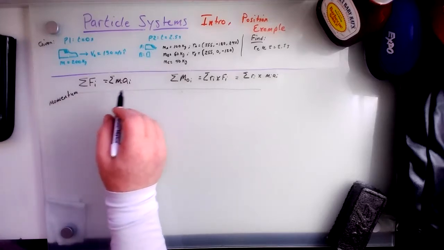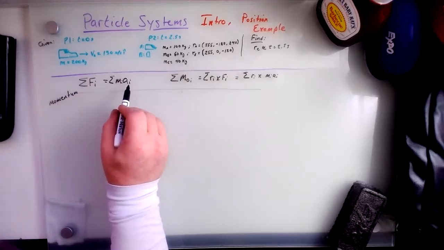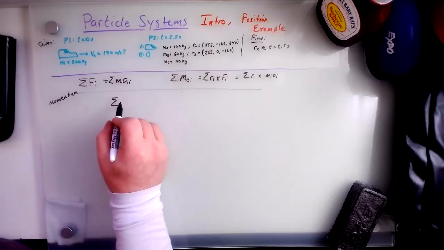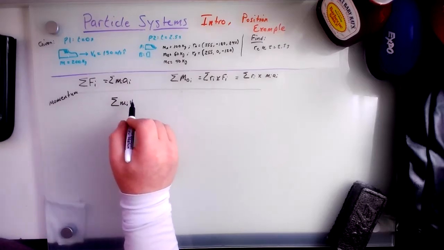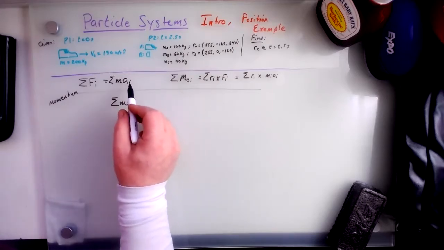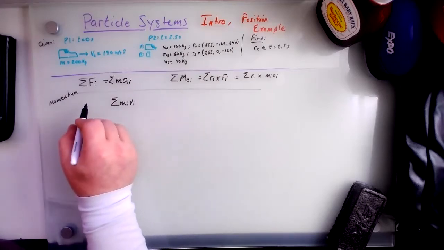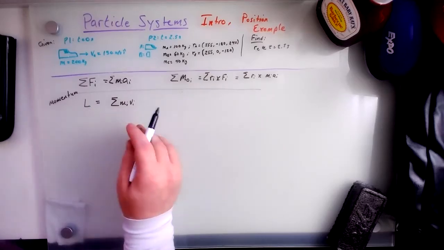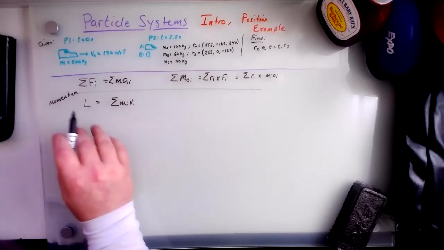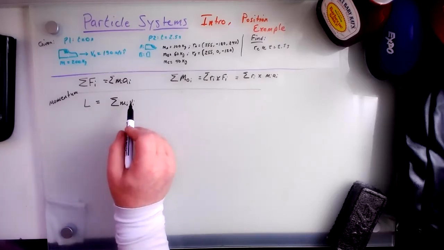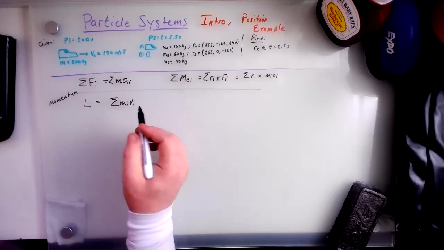So the integral of this is about v_i, right? So the derivative of velocity is acceleration and vice versa. We call this L, linear momentum. And the L here is the summation of all of them, which is conserved, right?